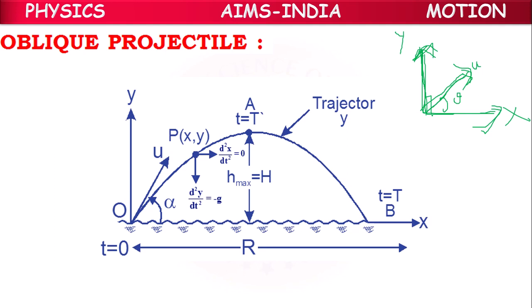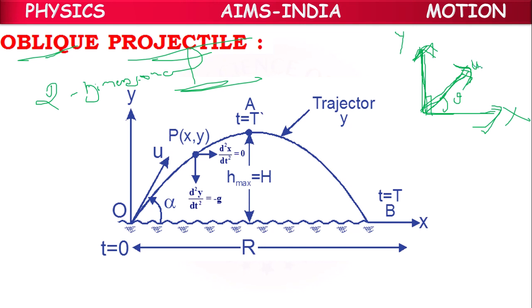These x and y are mutually perpendicular. Oblique projectile is a two-dimensional motion, which will have two components independent of each other.